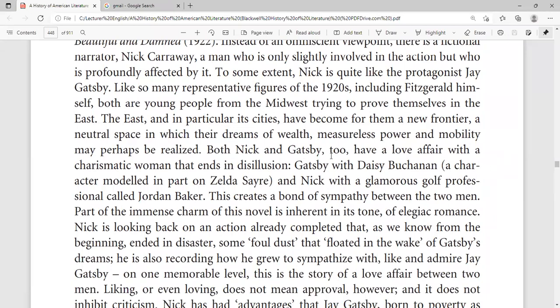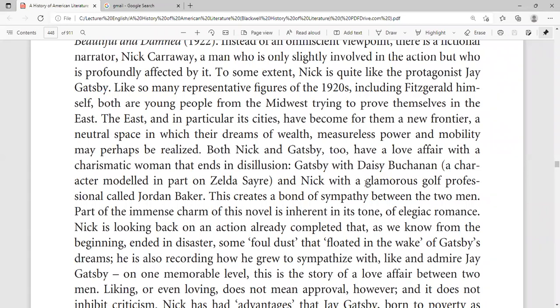Both Nick Carraway and Jay Gatsby have a love affair with a charismatic woman that ends in illusion. Gatsby with Daisy Buchanan, the female protagonist of the novel, and it is believed her character is modeled on Zelda Sayre, another writer whom Scott Fitzgerald married.